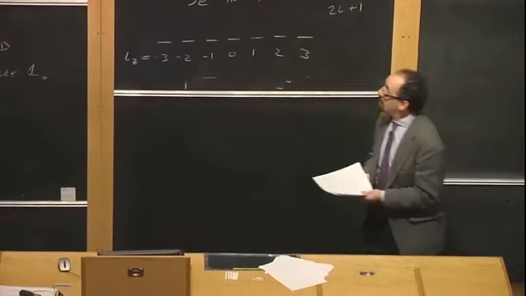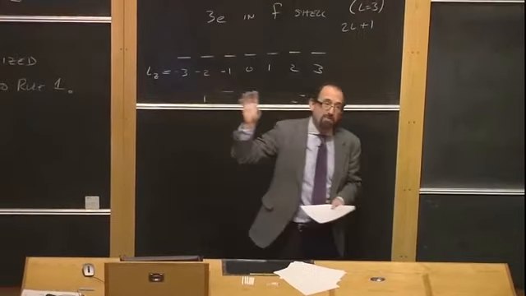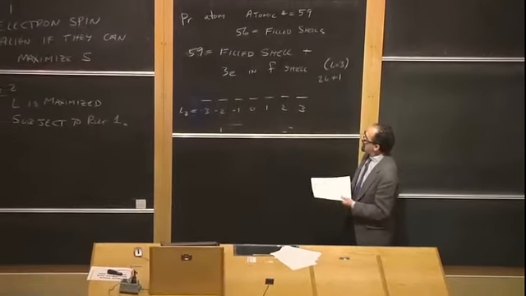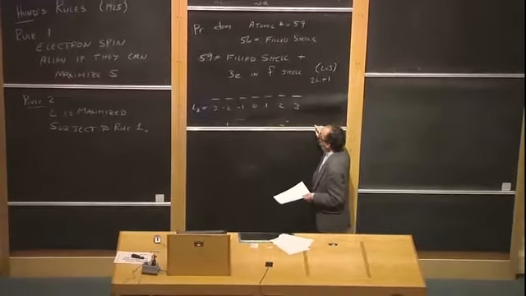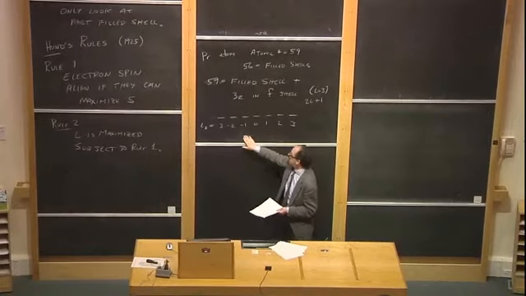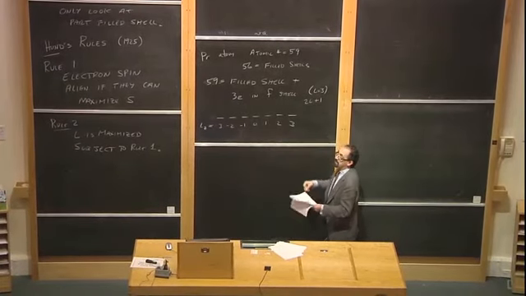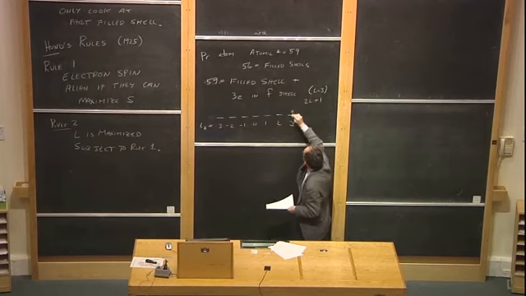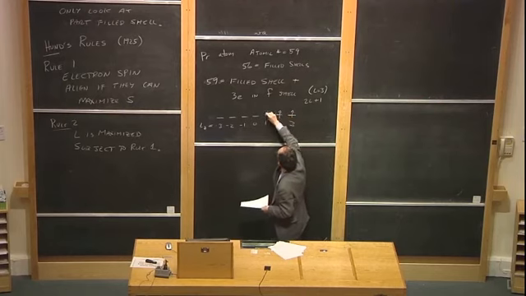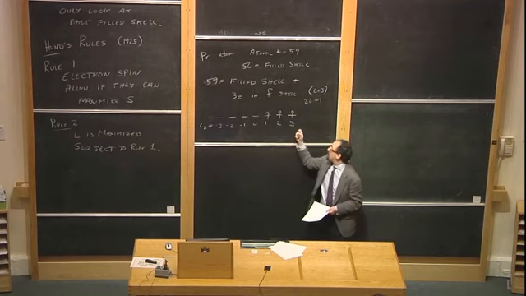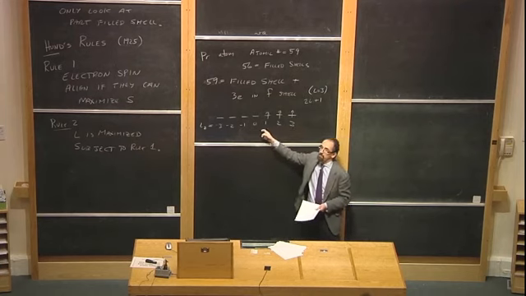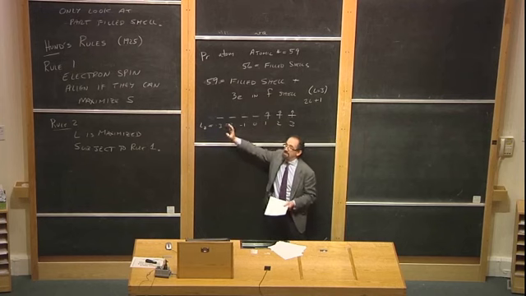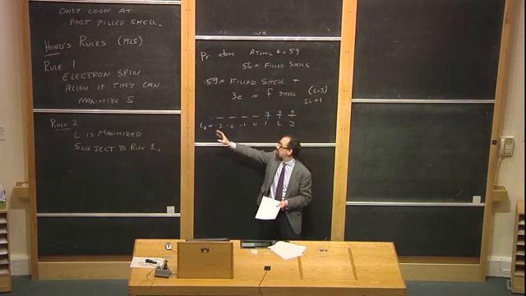Now, Hund's first rule says that the electrons we put in have to have their spins aligned. Then we want to maximize L subject to the condition that all the spins are aligned. So let's try to maximize Lz by putting the electrons as far to the right as possible, and we would get Lz equals 6: 3 plus 2 plus 1. We can also put them as far to the left as possible, and we would get the smallest Lz, which is minus 6.